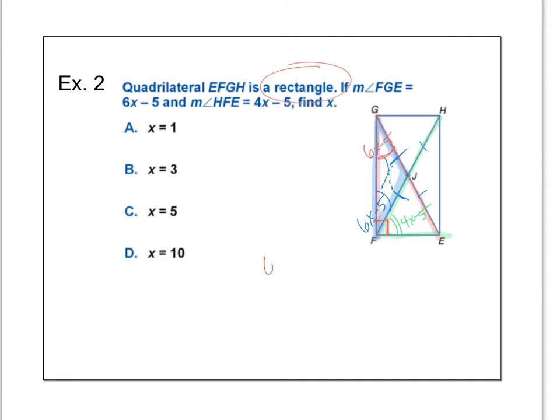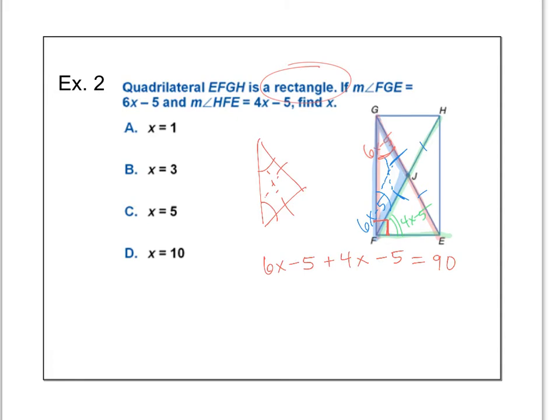And so the 6x minus 5 plus the 4x minus 5, those added together should equal 90 degrees. Just remember, when you have an isosceles triangle like this, the two angles across from them are congruent. So that's how we knew that this other angle, angle GFJ, was also 6x minus 5.